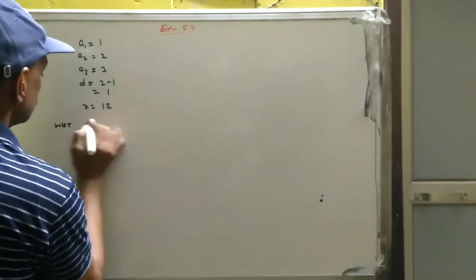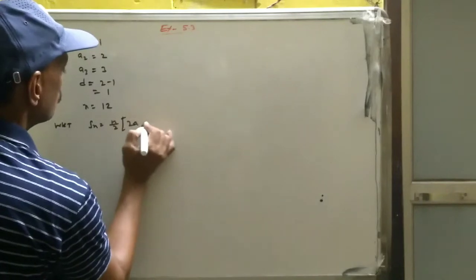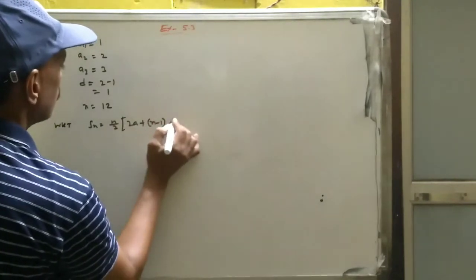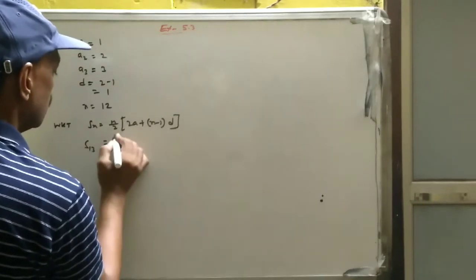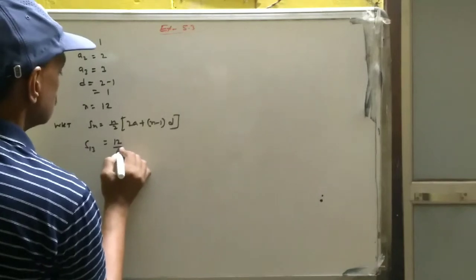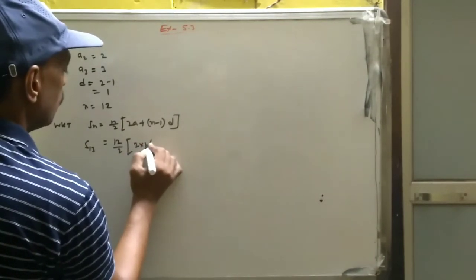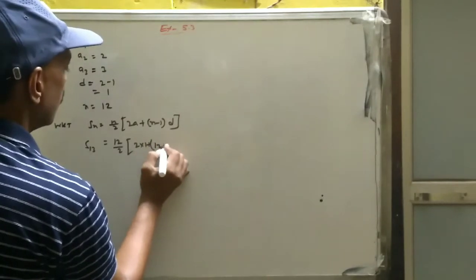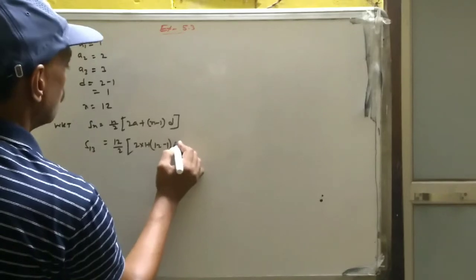So we know that Sn is equal to n by 2 into 2a plus n minus 1 into d. Let us solve. n by 2, in place of n we write 12. 2a is 2 into 1, plus 12 minus 1, and d is equal to 1.